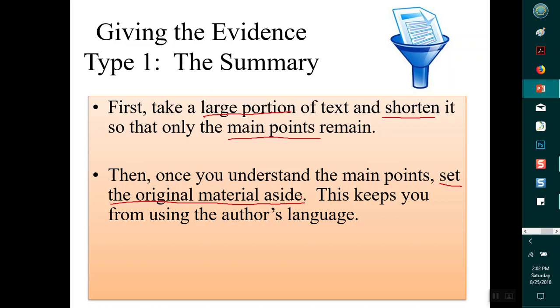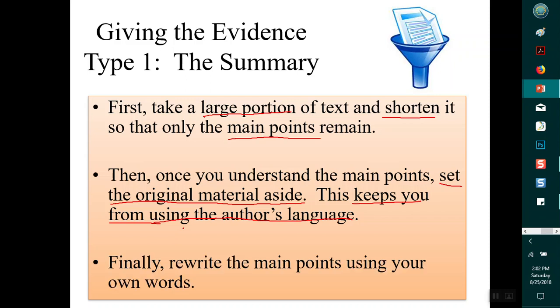The reason that I tell people this is because it keeps you from using the author's original language. Now, if you watched the video on plagiarism, you know that using the author's original language and not actually quoting them is a type of plagiarism, even if you cite it. You have to have things in your own words, and that is really the key to writing a summary. You're going to rewrite the main points, but you're going to do so using your own words.